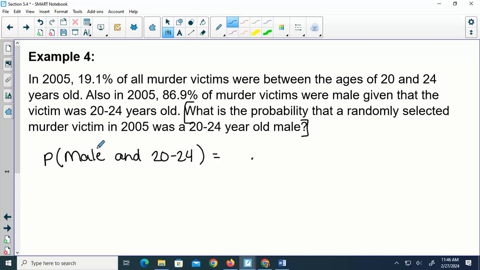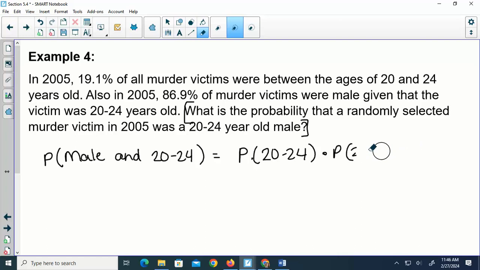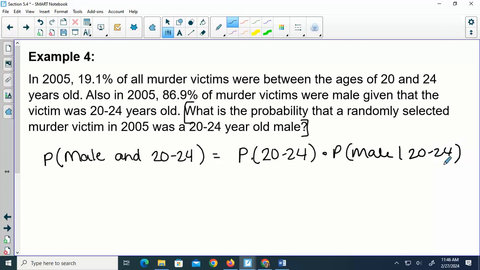Do I have the probability of just being a male? No, so I have to do the probability of being 20 to 24 times the probability of being male given they were 20 to 24. What is the probability of being a 20 to 24-year-old?